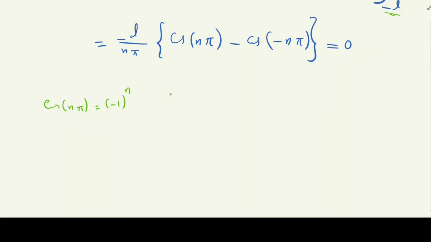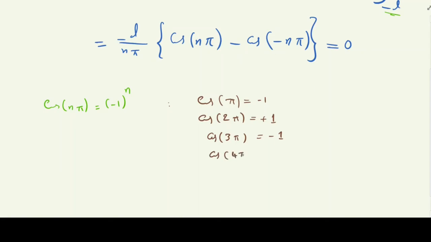And for those of you who may still doubt why this is the case, if you have cosine 1 times pi, that's going to be minus 1, right? If you have cosine 2 pi, that's going to be 1. If you have cosine 3 pi, that's going to be minus 1.